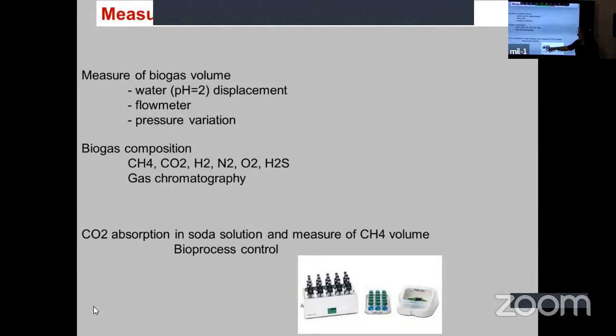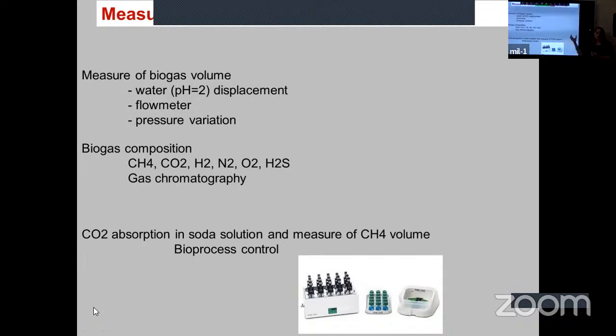There also exists a system from Bioprocess Control and PTS, which is an automatic process. The bottles here are the same as I previously showed you, and they have some mixing with a stick. They are placed at a controlled temperature. Biogas is bubbled into a solution of soda.